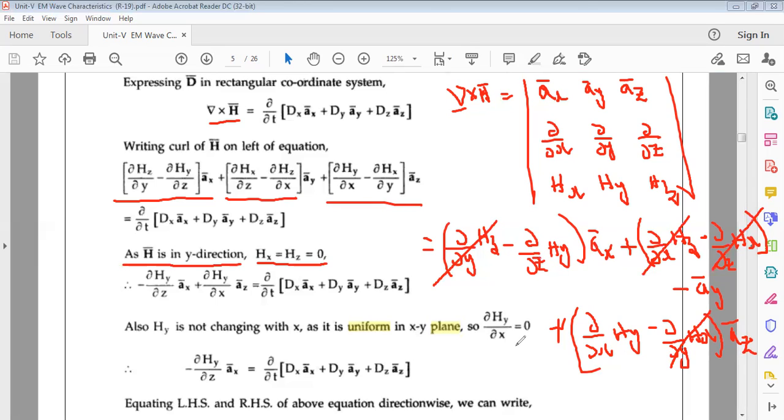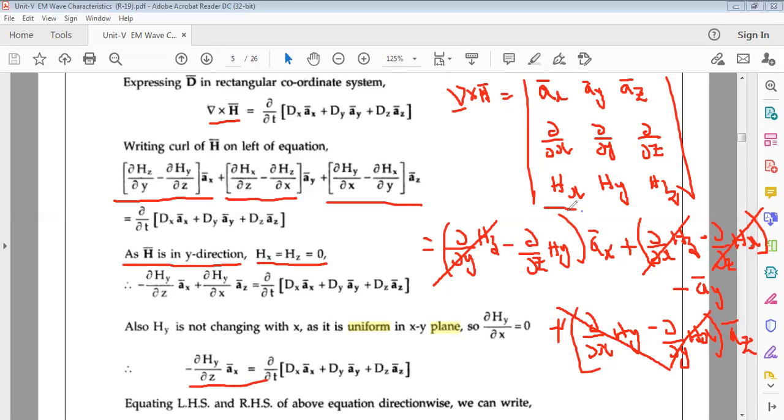Another condition we have is that it is not varying with respect to x, either H or E. So dou by dou x of Hy gets cancelled. Only the remaining is dou Hy by dou z into ax bar. This is only one term.